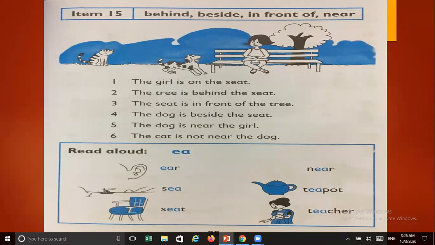You can see the picture. In the picture, you can see the cat, dog, seat, and the girl is sitting on the seat, and you can see the tree behind the seat.